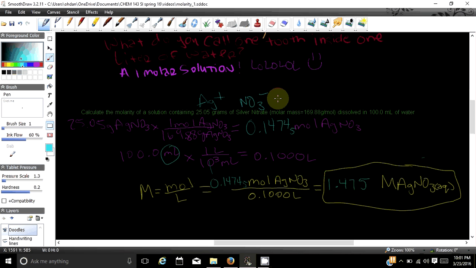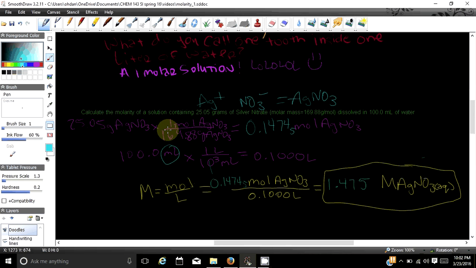So when you put those together, that'll give you AgNO3. It has a molar mass of 169.88 grams per mole, and it's dissolved in 100 mL of water.